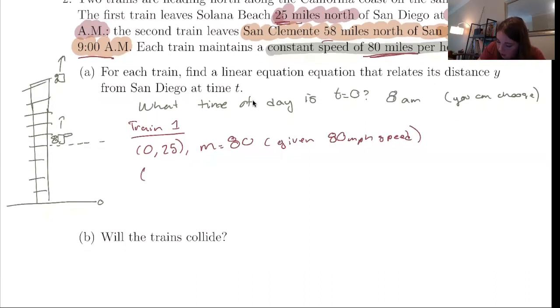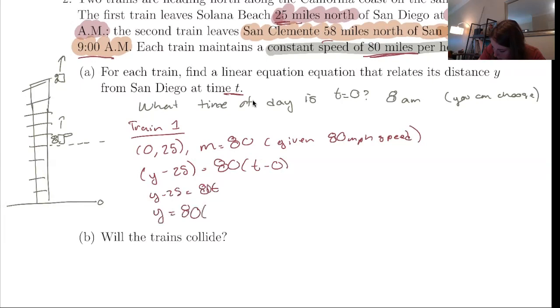So with that, we'll get y minus 25 equals 80 times t, remember we're asked to use time and t, so you need to use the right variables. t minus 0. So I get y minus 25 equals 80t, or y equals 80t plus 25.